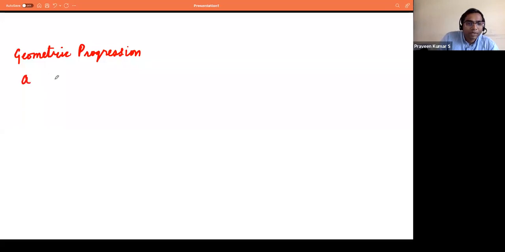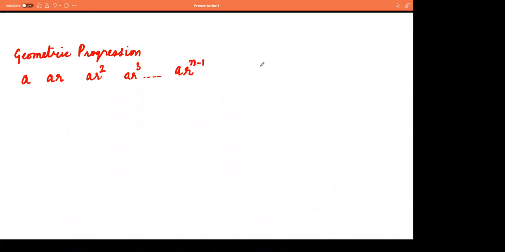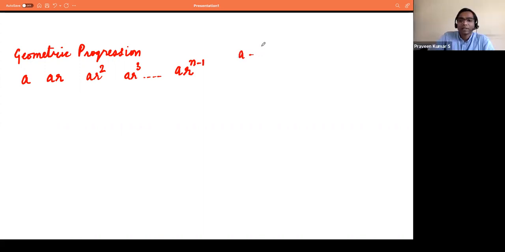So if you have a number A, the second number is AR, the third number is AR square, the fourth number is AR cube, and so on. And if you observe, the last number would be AR to the power of n minus 1. So here A is again referred to as the first term and R is referred to as the common ratio.